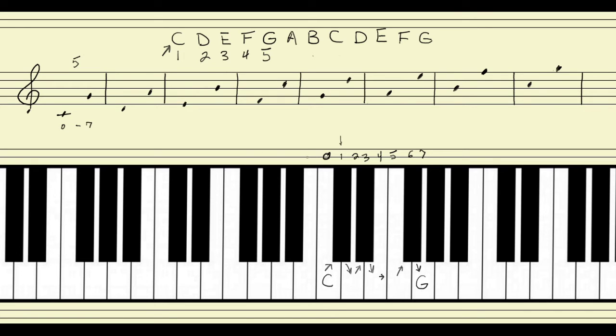But now when I'm counting the number of half steps, I'm starting on 0. So writing 0 to 7 just reminds me that I'm actually starting counting on 0.